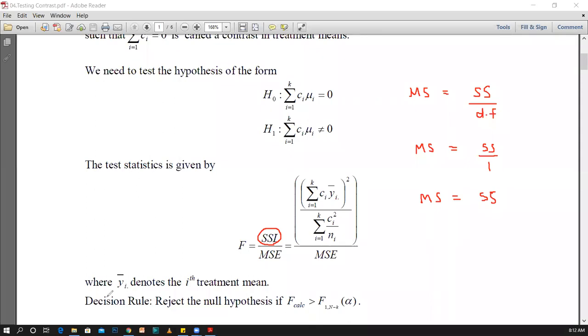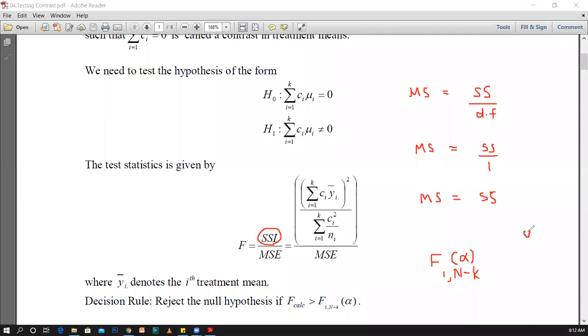The decision rule is that we reject the null hypothesis, in other words we can reject H naught, if the calculated F value is greater than the F critical value. Here, the critical value for F would be F with 1 and n minus k degrees of freedom at the defined alpha level.